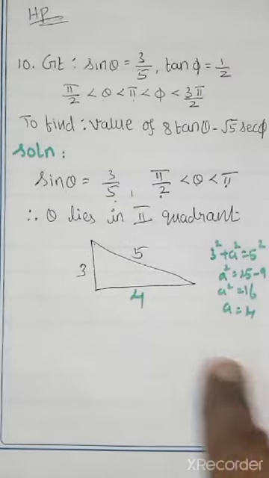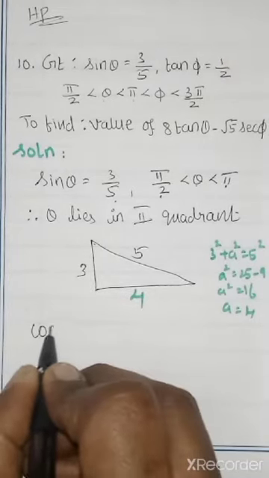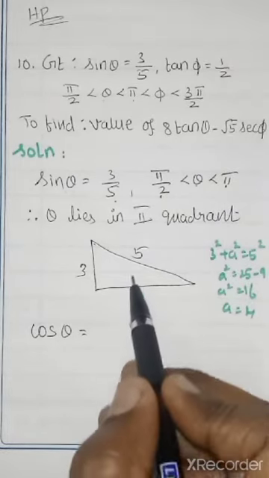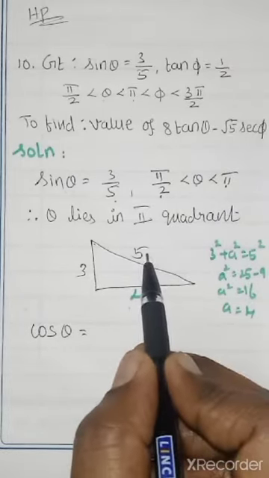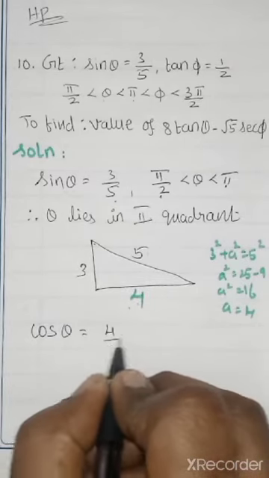Using this one, we can write cos θ is what? Adjacent by hypotenuse. So, adjacent value 4, hypotenuse 5, 4 by 5.